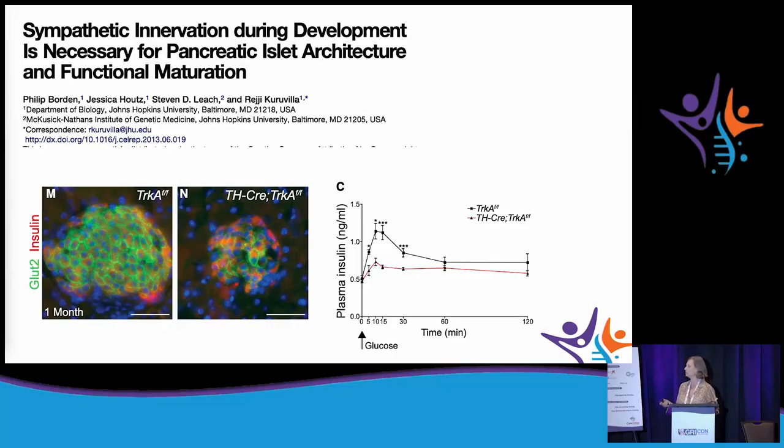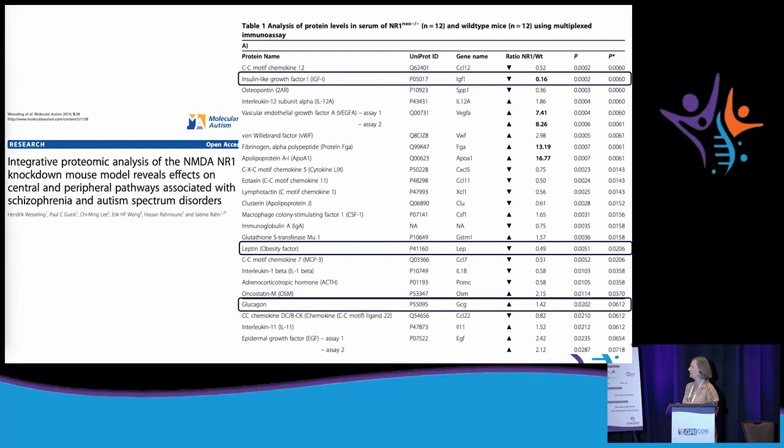And of course, we think about NMDA receptors in the sympathetic nervous system being important. Okay, I also wanted to point out this interesting paper from 2014 where they did proteomics of the serum and saw that a related hormone, insulin-like growth factor, was down, leptin was down, and glucagon was up.